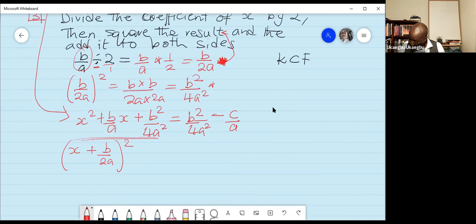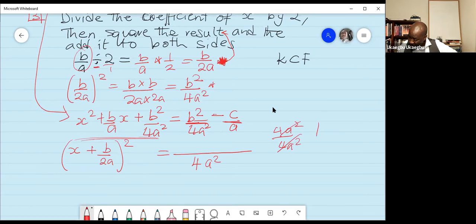So now that's equal to, then we have to simplify this using fractions, the same fractions you learned in 7th grade or 8th grade. So look at this, lowest common denominator. What's the lowest common denominator of 4a squared and a? It should be 4a squared. So 4a squared divided by 4a squared will give us 1.